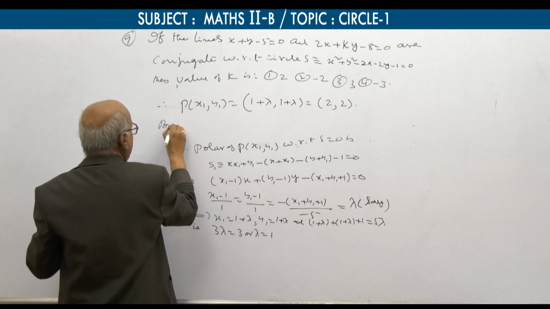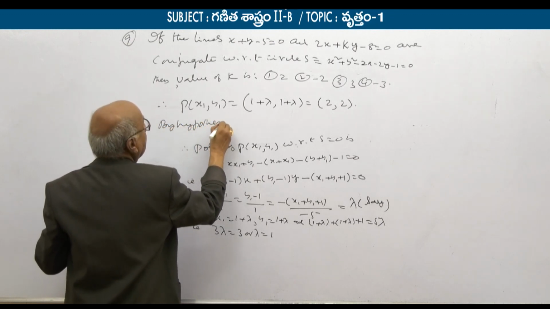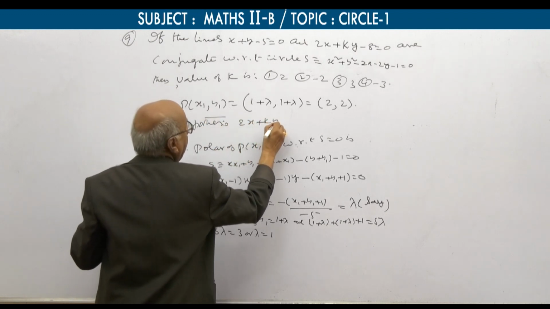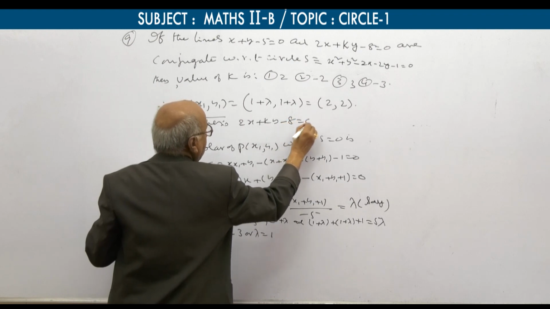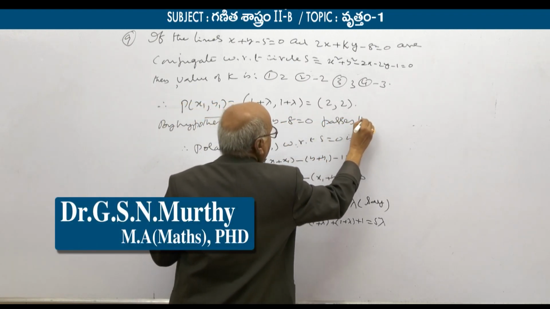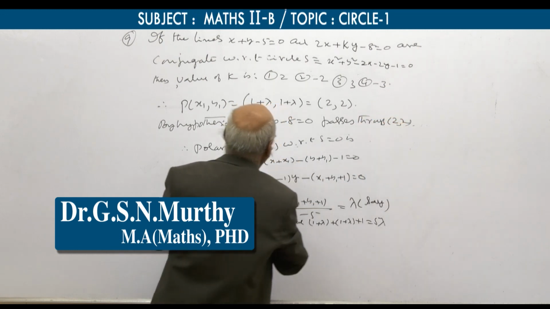Now by hypothesis 2x plus ky minus 8 equal to 0 passes through 2 comma 2.